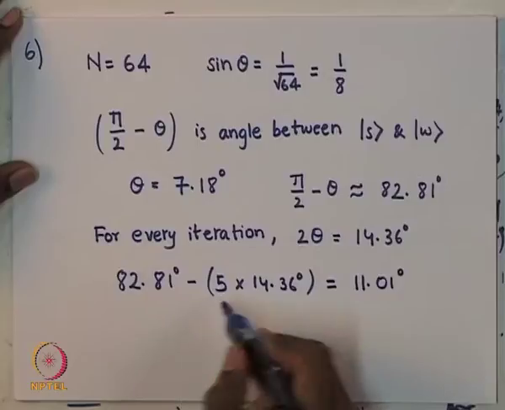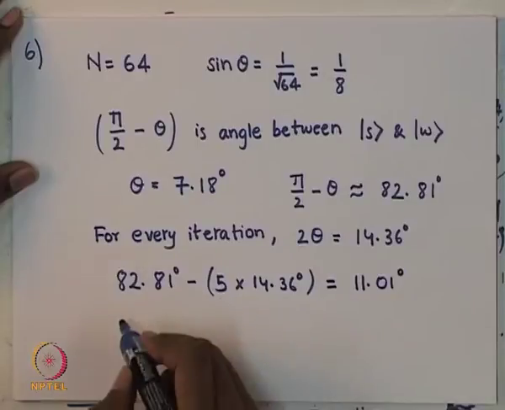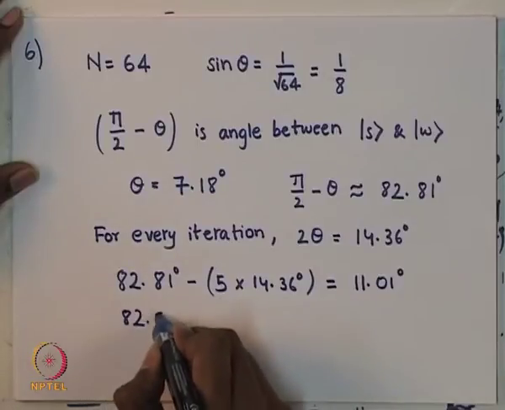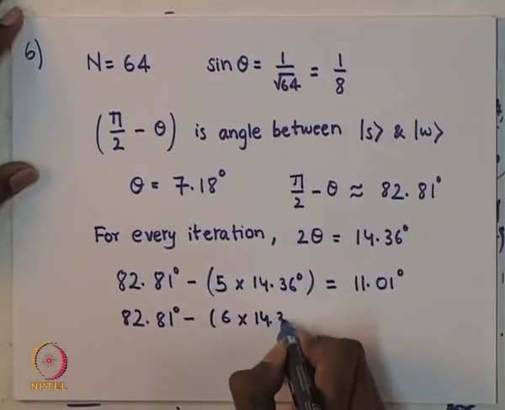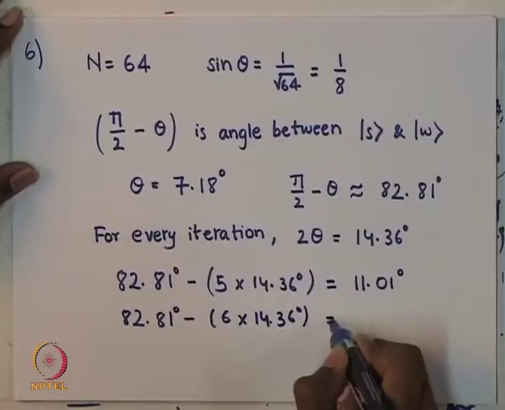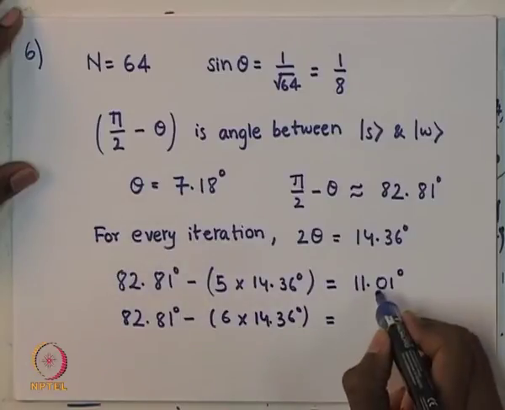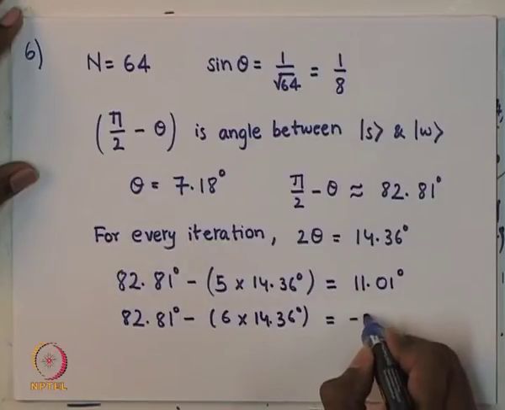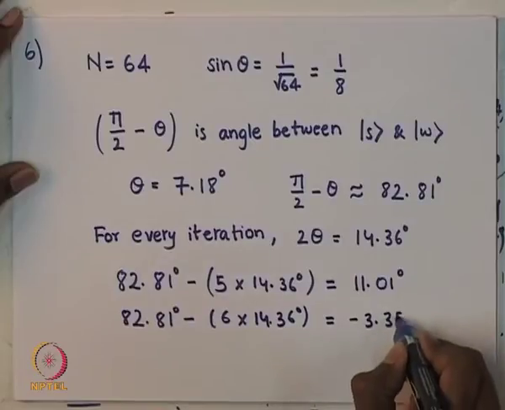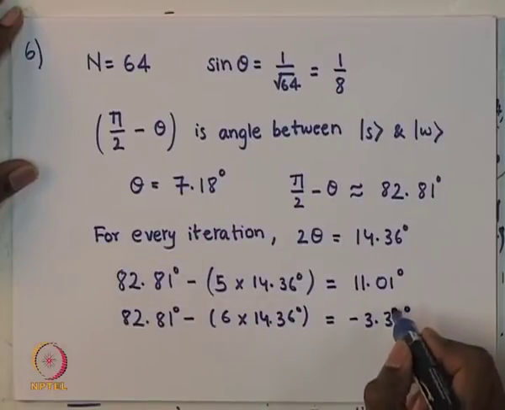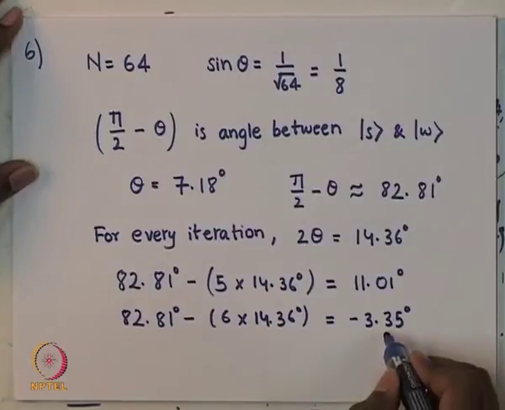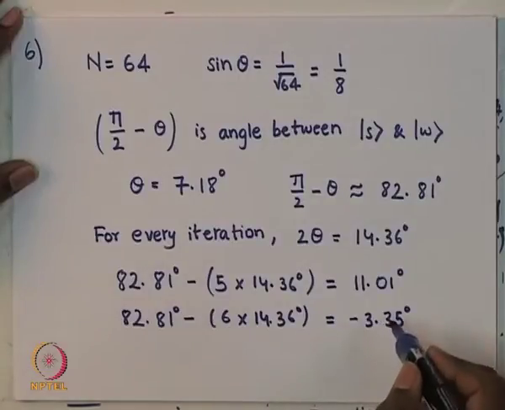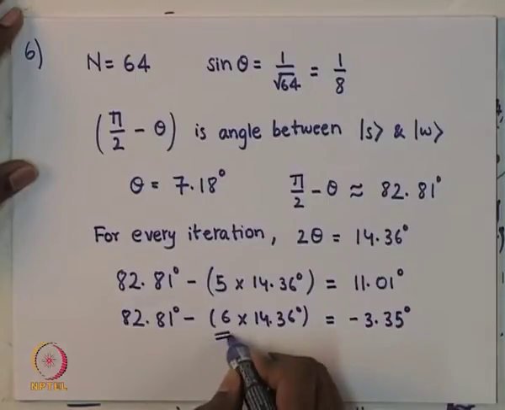So let us try the number of iterations as 6. 6 times 14.36 degrees. That is nothing but subtracting 14.36 from this 11.01, which gives us minus 3.35 degrees. So we can see that in the case of 6 iterations, we are very close to 0 degrees. So 6 is the answer.